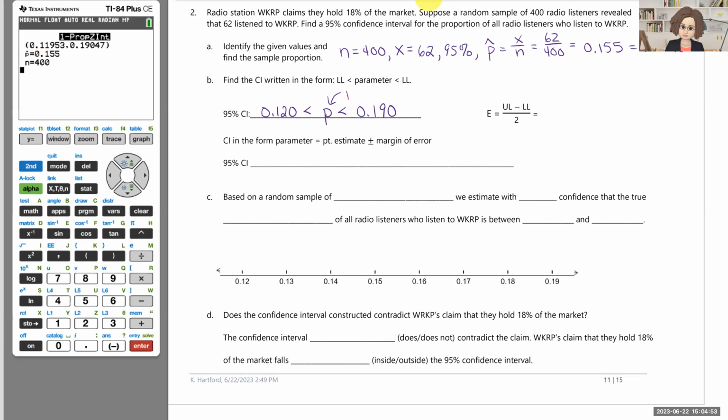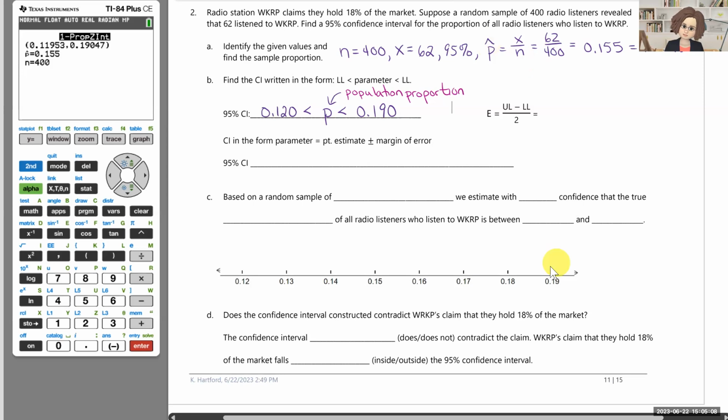All right, always important to remember the symbols here. So just really emphasizing that this isn't mu anymore. It's not population mean we're estimating now. These are population proportions. All right, and p hat is your sample proportion. Okay, now I do want to write this one in the second form that we had discussed. So let's go ahead and find the margin of error. To find the margin of error, we can take the upper limit minus the lower limit and divide by 2.